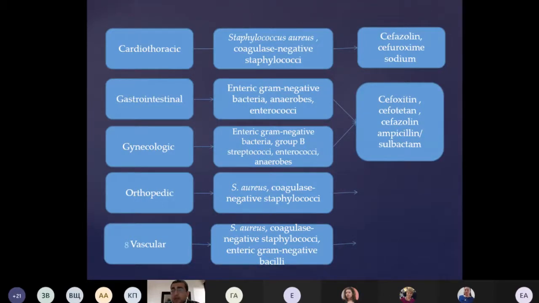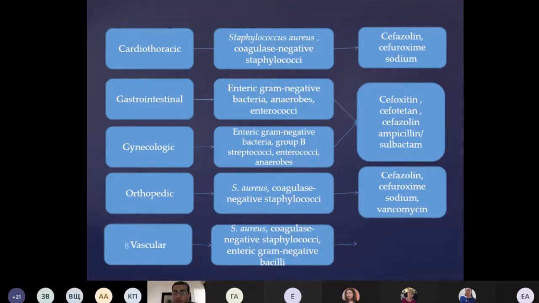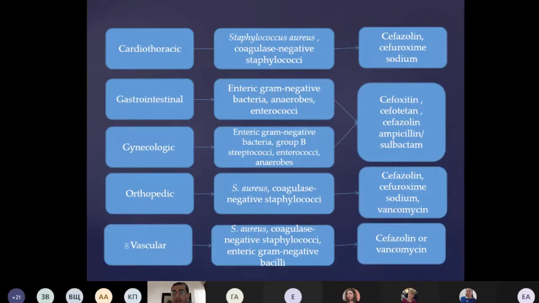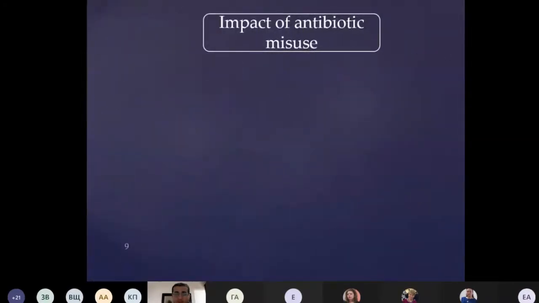We can also use cefoxitin, cefotaxime, cefazolin, ampicillin, and sulbactam. In orthopedic surgery, mainly we find Staphylococcus aureus and coagulase-negative staphylococci, so we can use cefazolin, cefuroxime sodium, and vancomycin. Also, in vascular surgery, we can find Staphylococcus aureus, coagulase-negative staphylococci, and enteric gram-negative bacilli, so we can use cefazolin and vancomycin. So cefazolin remains one of the most important antibiotics in surgeries.